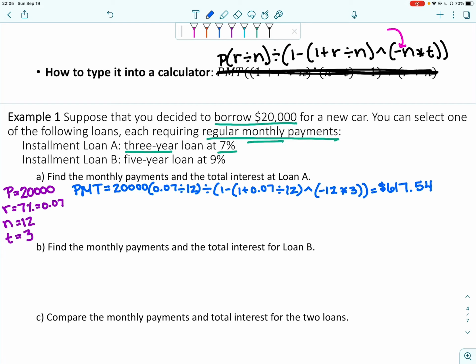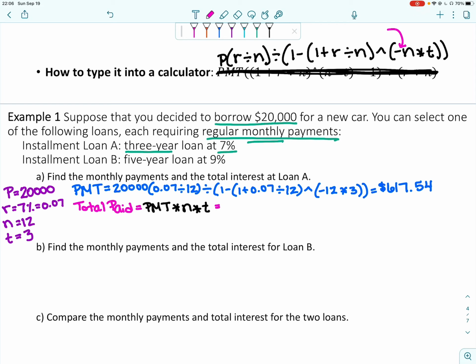So then we also need to find the total interest of loan A. Before we can find the total interest, we need to find the total paid. So to find the total paid, I'm going to take my monthly payment times how many times a year I'm paying this, times how many years I'm making these payments for.